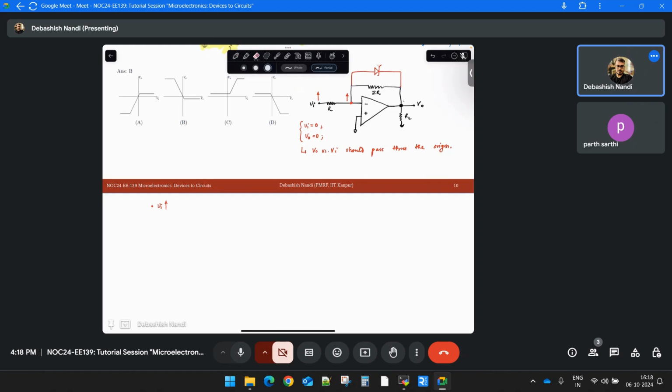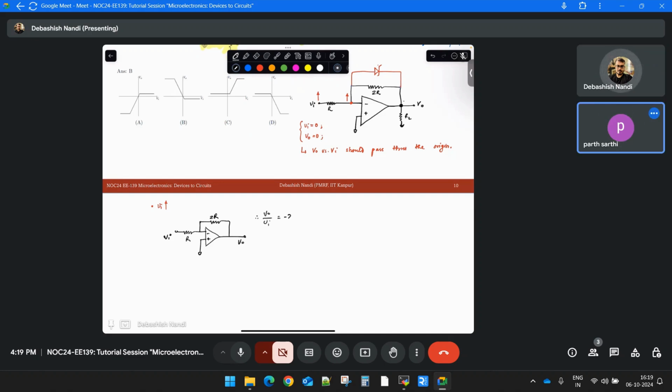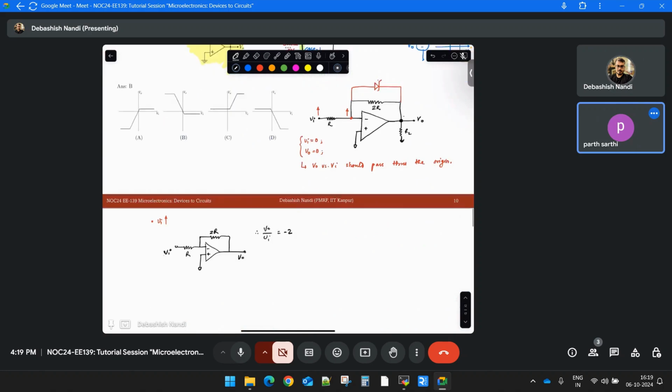Then my entire circuit will be an inverting amplifier. V out by V in will be, this is R, this is 2R, so V out by V in will be minus 2R by R, which is minus 2, right? So if I start to draw my V in versus V out, it will be something like this.